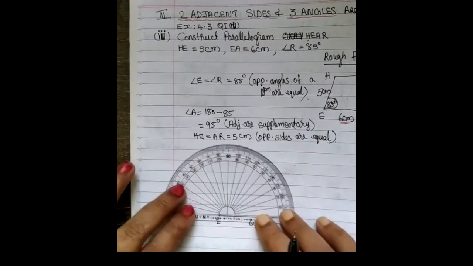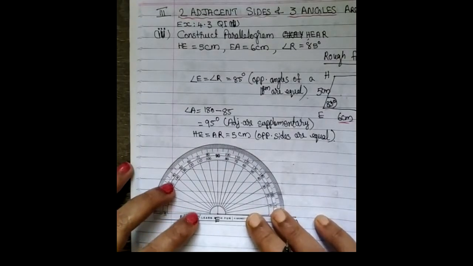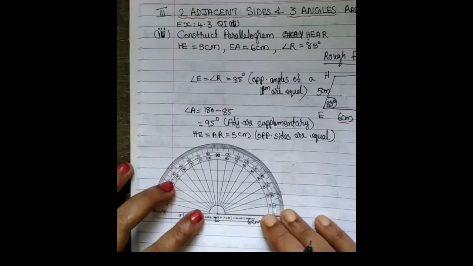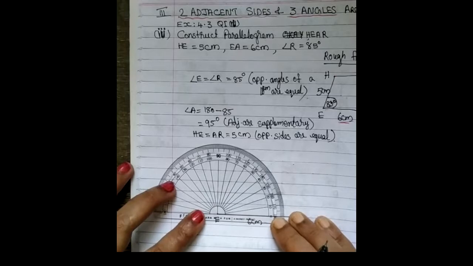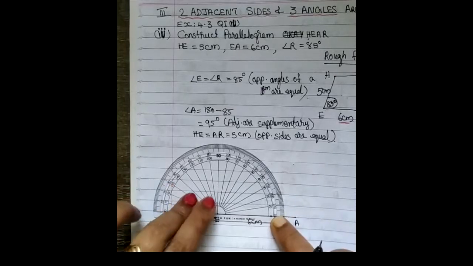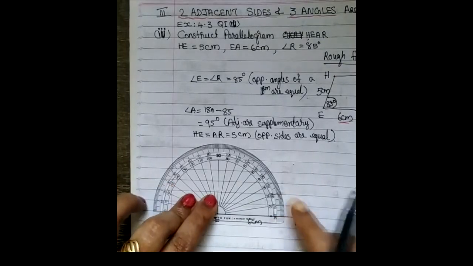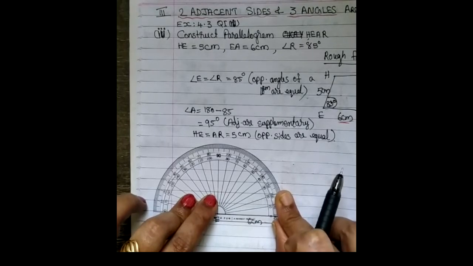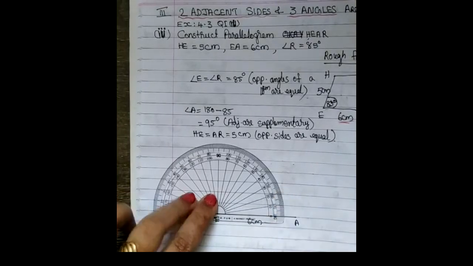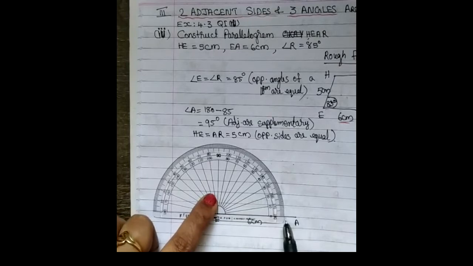So take the protractor, arrange the base of the protractor with the line segment drawn here. Center should be exactly coincident with the point on the line we have drawn. See, our line segment is extending on the right side. Clear? The line segment is extending on the right side.